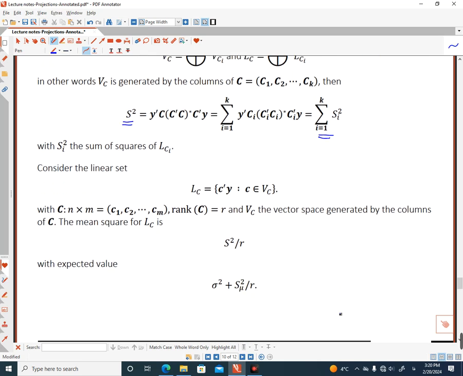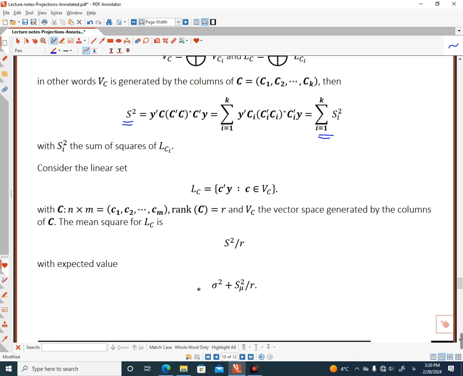Now let's go back to the final point and consider a set LC, which is the linear functions on y when the coefficients belong to the vector space generated by the columns of C, and also assume the rank of C is equal to R. The mean square for LC is equal to S squared divided by R. When we say the mean square, it means that you divide the sum of squares by the rank.